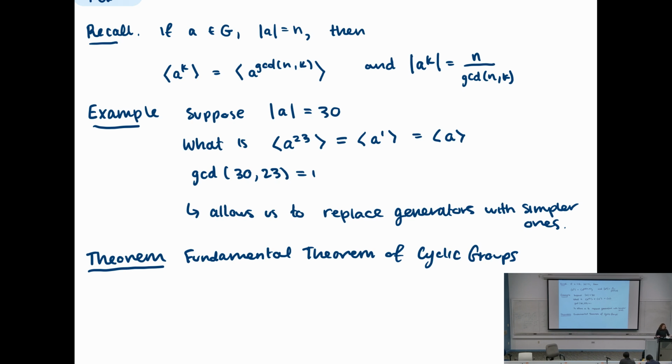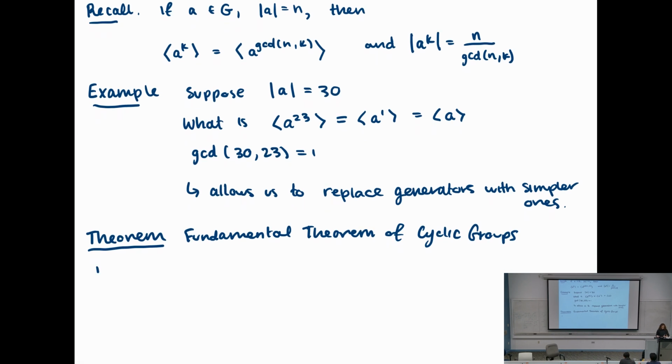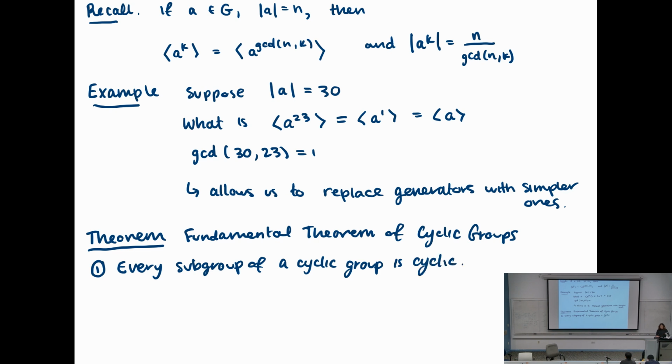So let's go ahead and see the statement of the theorem. So it has three parts. The first part says that every subgroup of a cyclic group is also cyclic. And then, so that's going to be the meat of the proof, and then the other two parts will fall out of that.